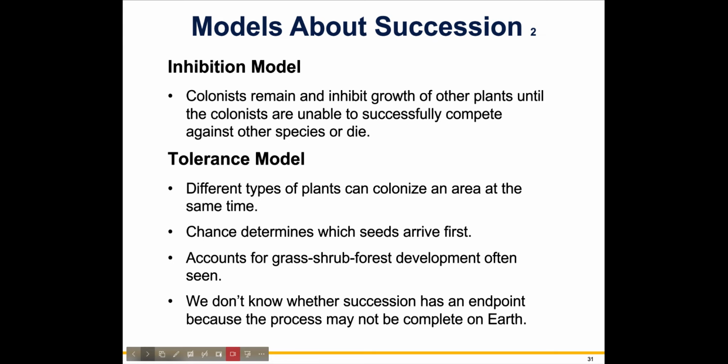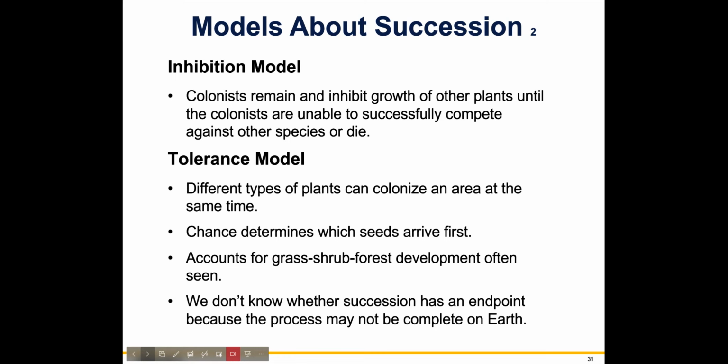And then the tolerance model is that different types of plants can be in the same area at a different time. And really, it's just chance that determines which seeds get there and develop first. This is how we get this grass, shrub, forest development, because we can have those three different layers within a forest all getting what they need to survive.